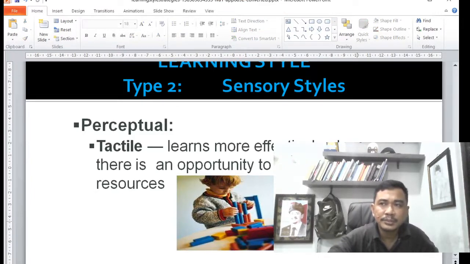Or you can use computer games or other resources. Also toys like this.